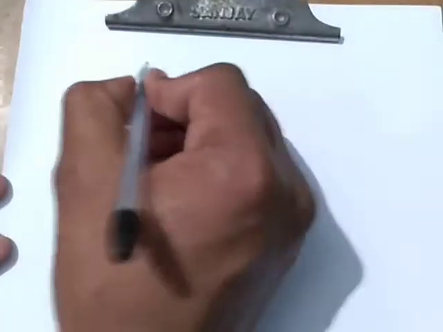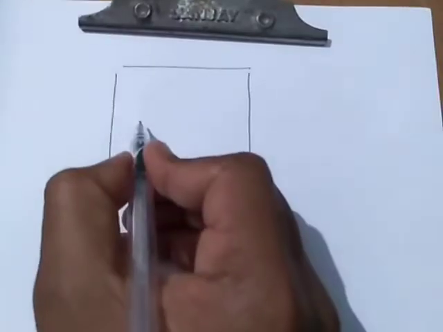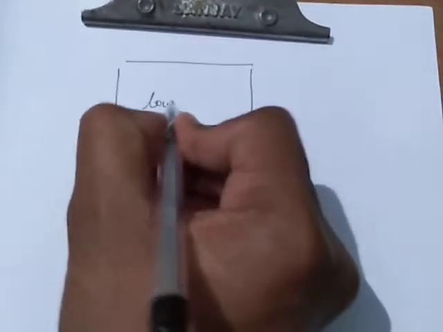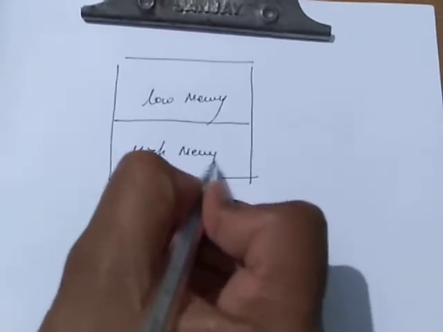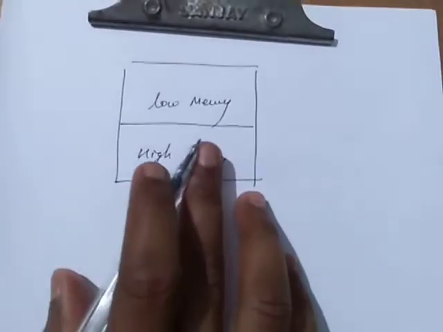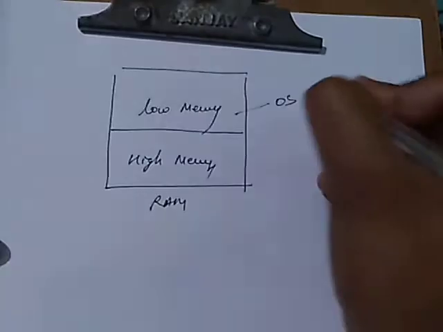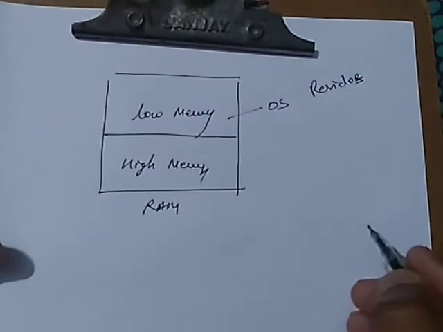Now suppose we have a main memory, and this memory is divided into two portions. One is known as low memory and the other is known as high memory. RAM is divided into two parts. In low memory, the operating system resides.